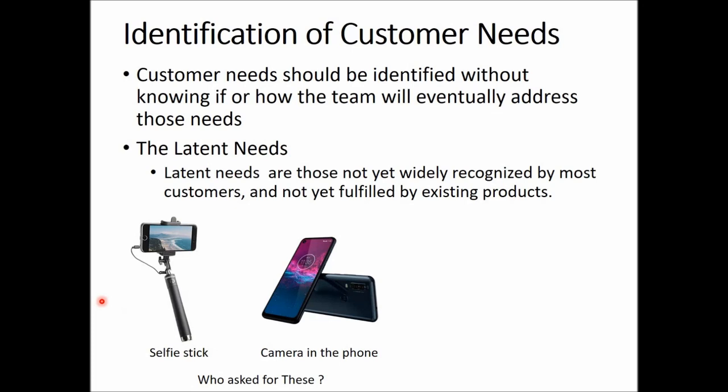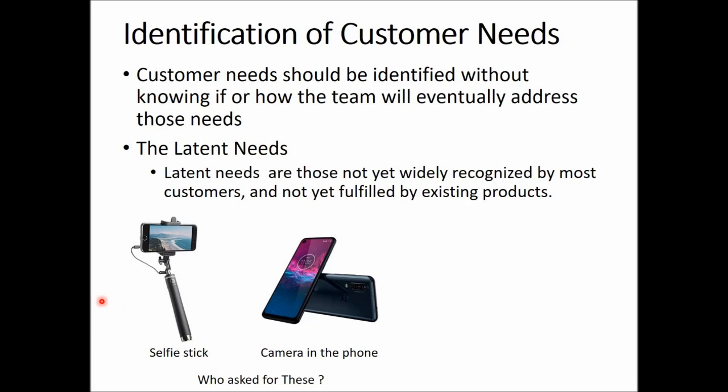For example, the selfie stick or the camera in the phone. I'm not sure whether the customers really wanted these things, but when someone looks at the way the product is used by different customers, they come to know that okay, it is good if there is something like a selfie stick, so they start making it. But if you, before introducing the selfie stick, ask a customer whether they are satisfied with the phone, they will say yes.